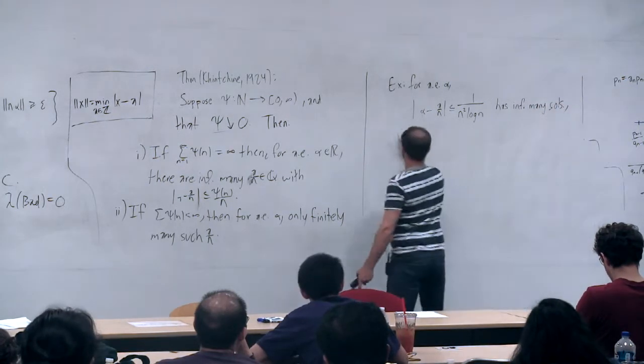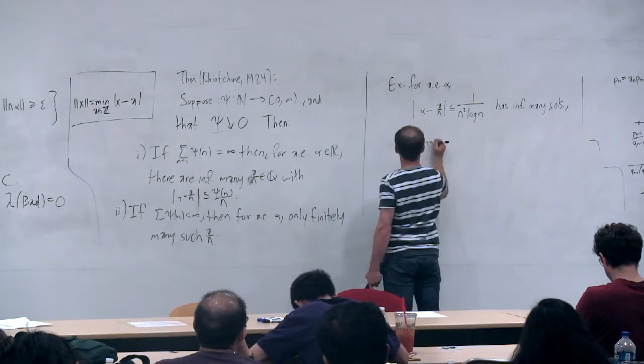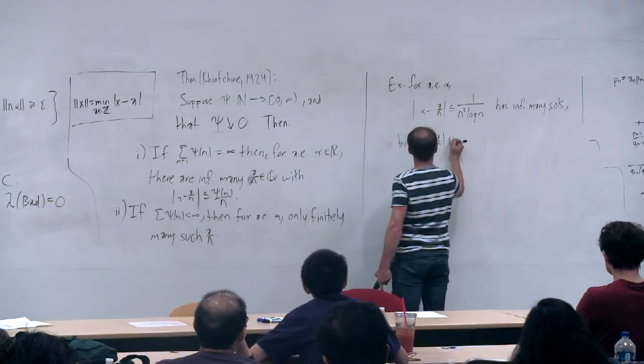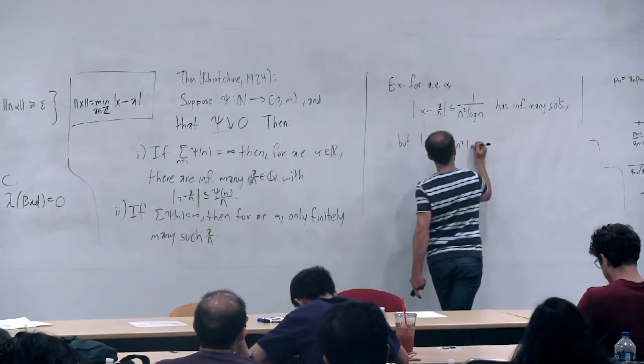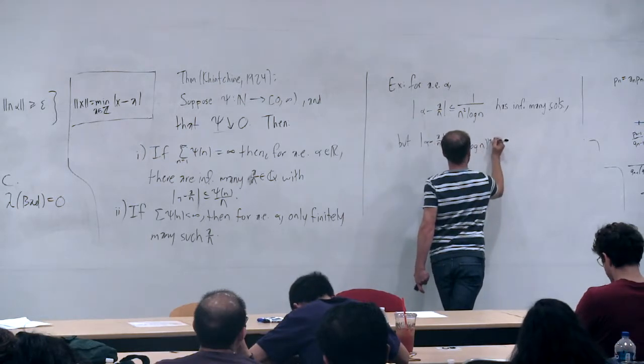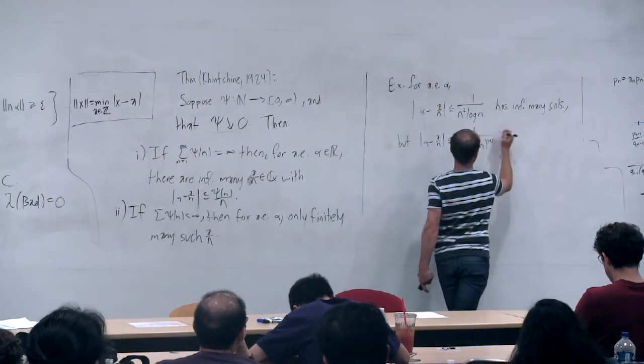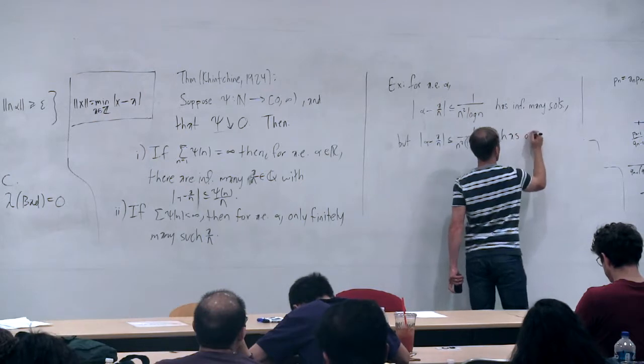But the inequality |alpha - a/n| less than or equal to 1 over n squared (log n) to the 1 plus epsilon has only finitely many.